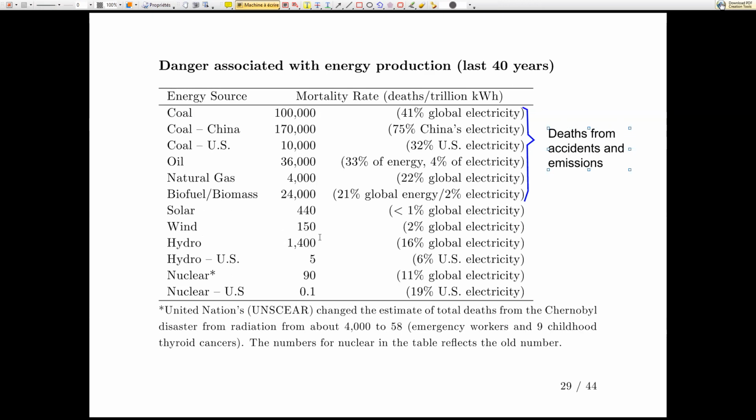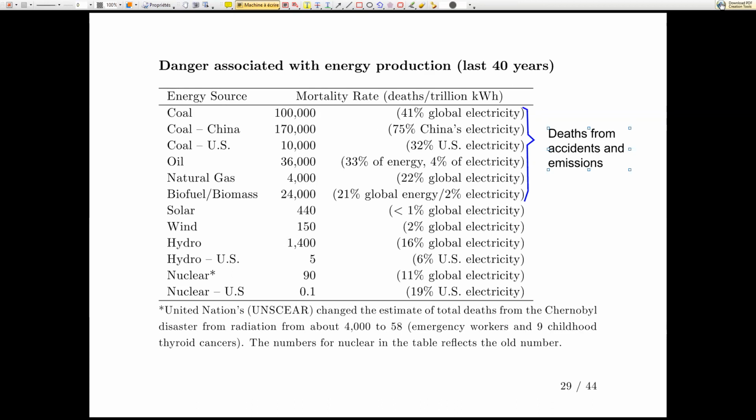Do you know what was the worst disaster in history for hydroelectricity? Of course, that's not ongoing, because normally you don't have any deaths caused by hydroelectricity. Nobody knows about this. It happened in 1975 in China.